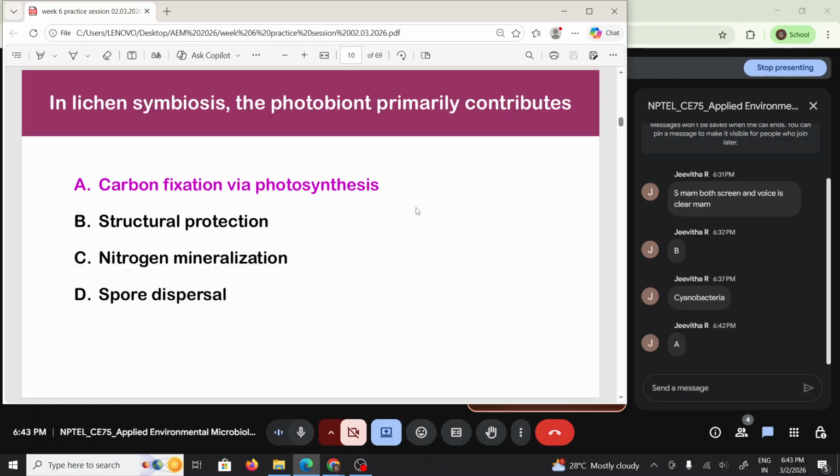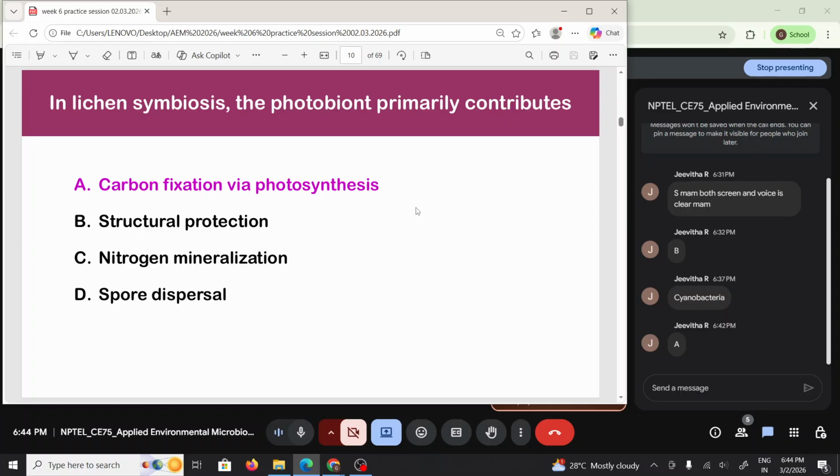And when we talk about nitrogen mineralization, it is a kind of specialized phenomenon that may or may not happen, but usually in lichen symbiosis, nitrogen mineralization is not a very primary aspect that you look into.